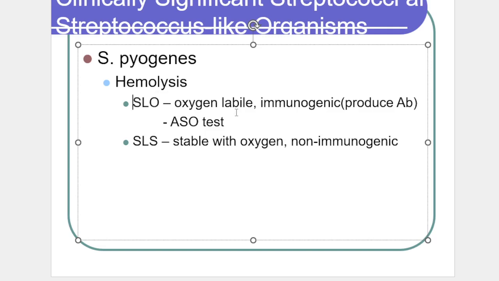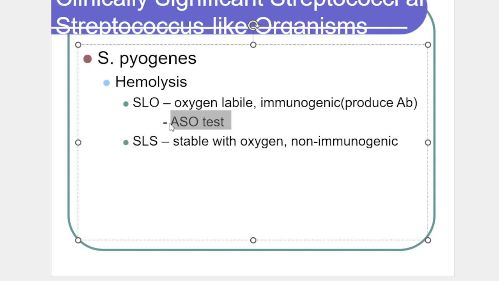And this can be identified in the ASO test, the anti-streptolysin O test. What is this test for? It determines whether an individual has had a recent infection with Streptococcus pyogenes, that is, if they previously had an infection. So, that is the ASO test.